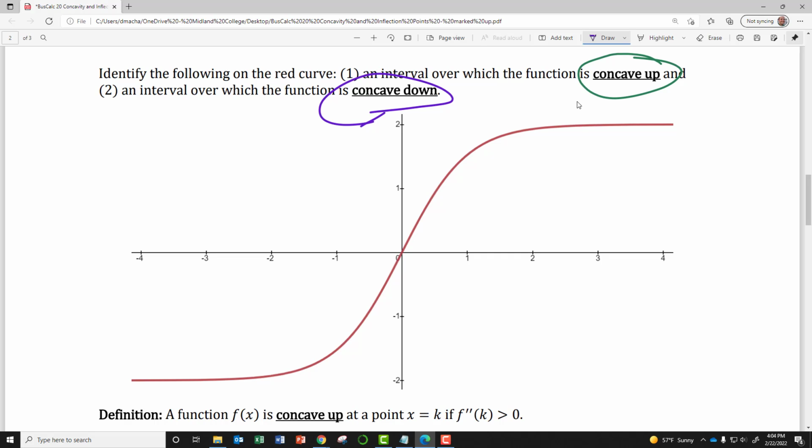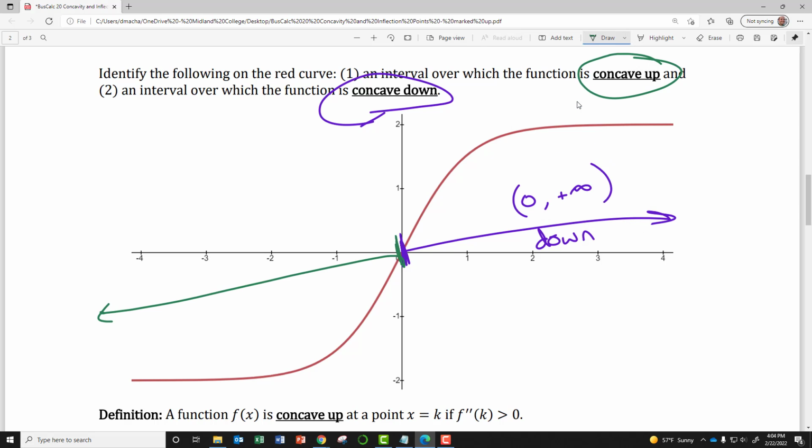There's not really a place where it looks like this curve might hold rainwater, except that doesn't mean it's free from any sort of concavity. It turns out that this red curve is concave down over the interval from 0 to positive infinity, and it's concave up on the interval from negative infinity up to 0.